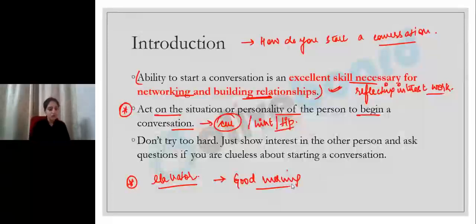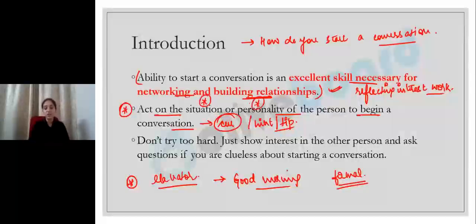In case of a formal situation, when you are talking to a person who works with you, make sure that you address the person appropriately, and that your tone and your body language are good enough. Apart from that, if you are on good terms with the colleague, you can talk about anything, right?